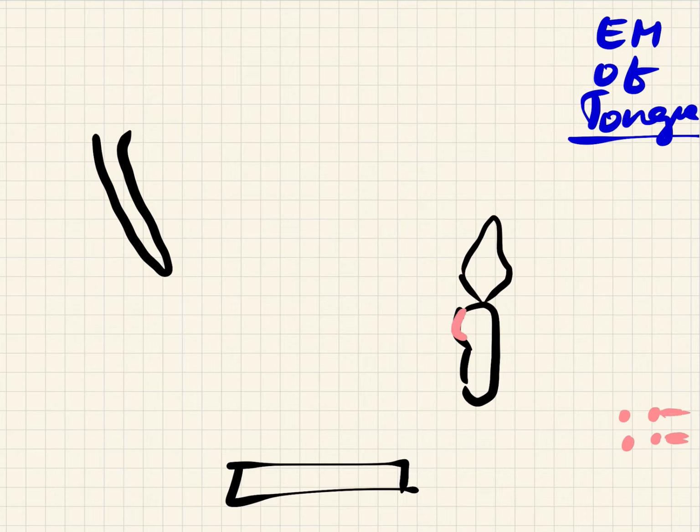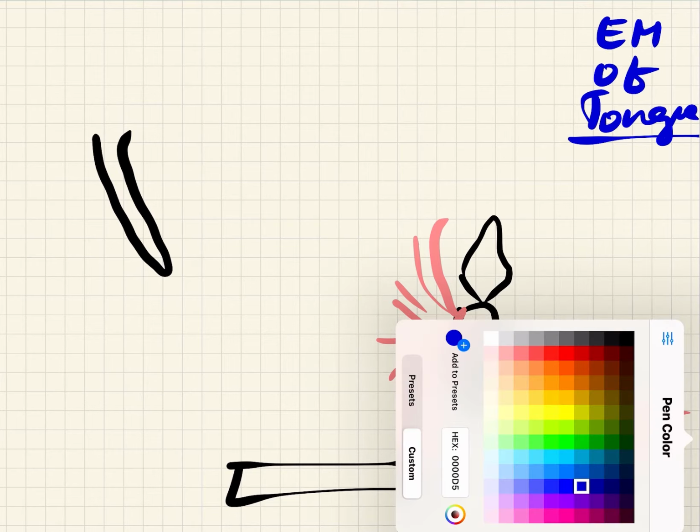From the superior tubercle, you will be finding a muscle arising. This is a fan-shaped muscle which arises from the superior genial tubercle and gets inserted to the whole length of the tongue.